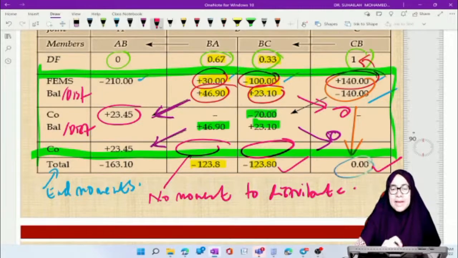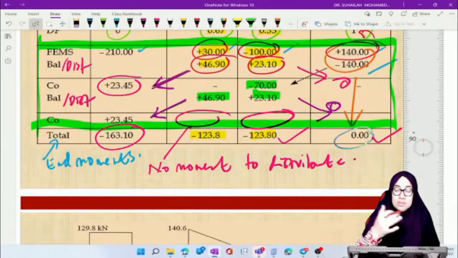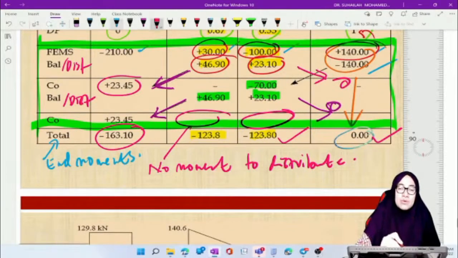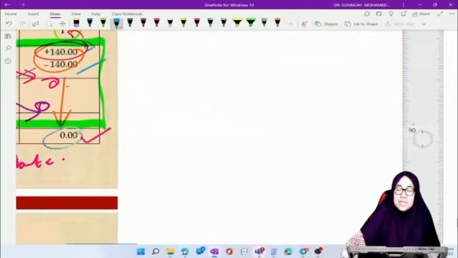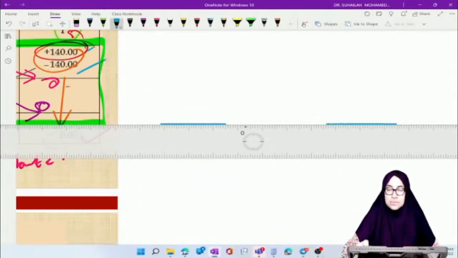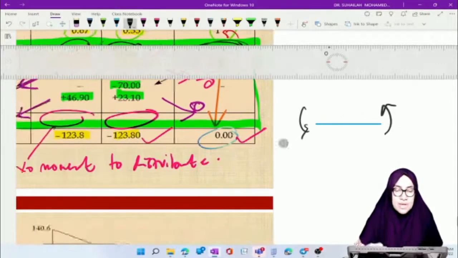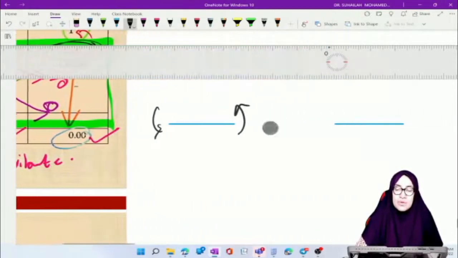And the moment at A must have a value because it is a fixed end. By using this, we can sketch the shape of the diagram. This one is negative, so for example, 1 and 2 are negative, second one negative 0.